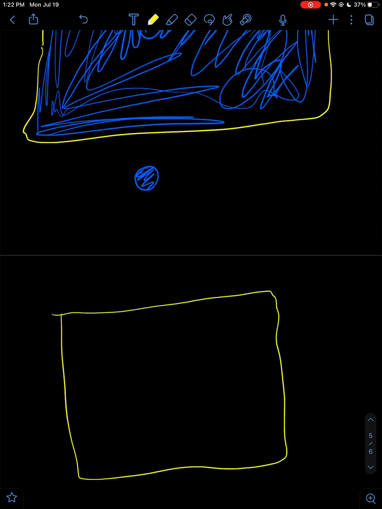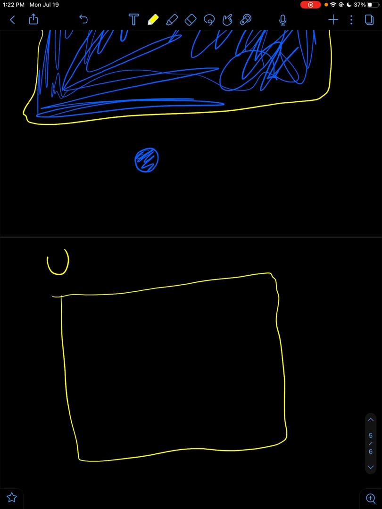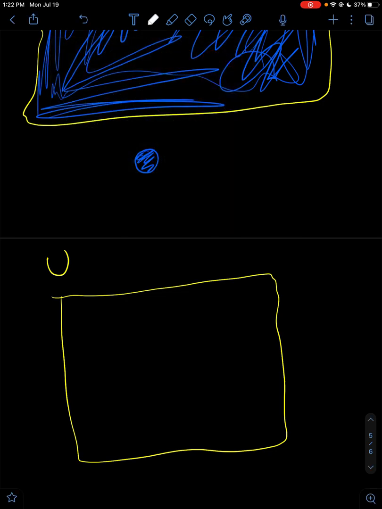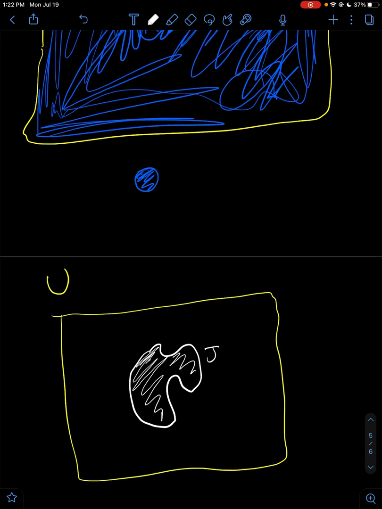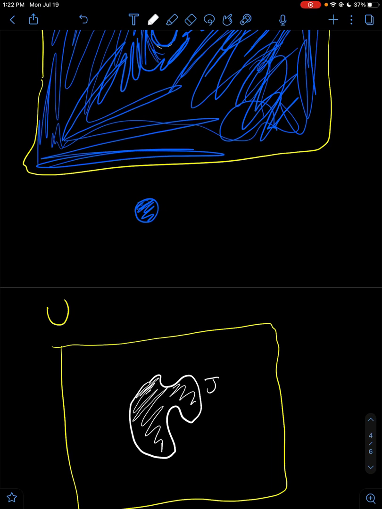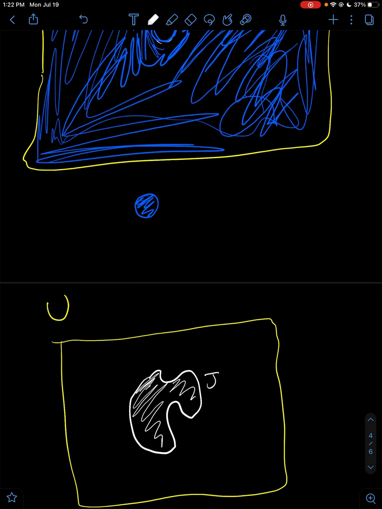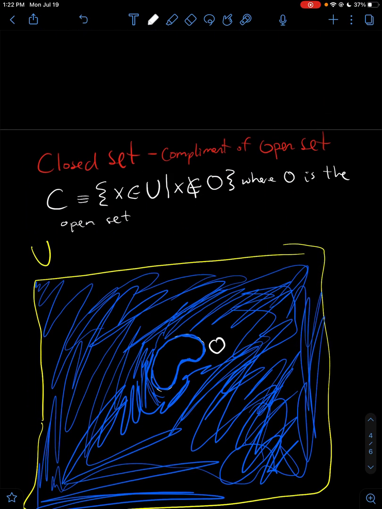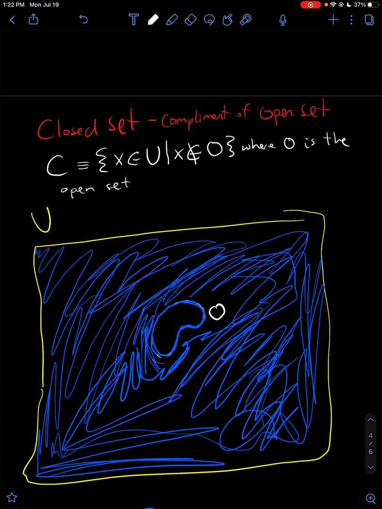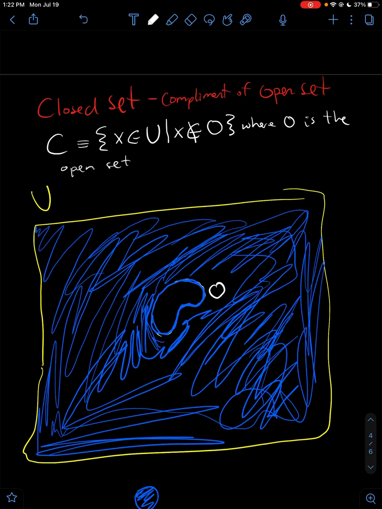Now, say I had some U here, okay, and I had some set that looks like this, and it includes a boundary. Let's call this J. And J includes all the points inside of it as well. Now J would be a closed set, right?